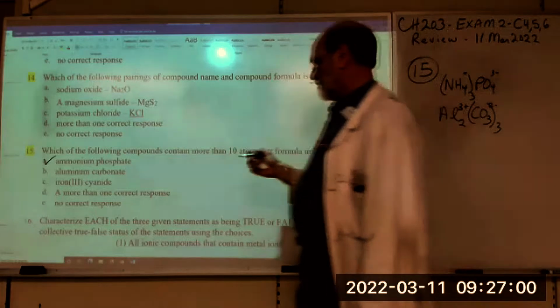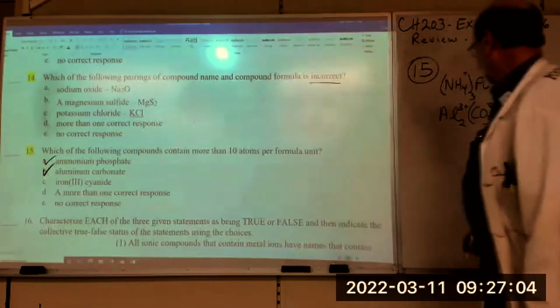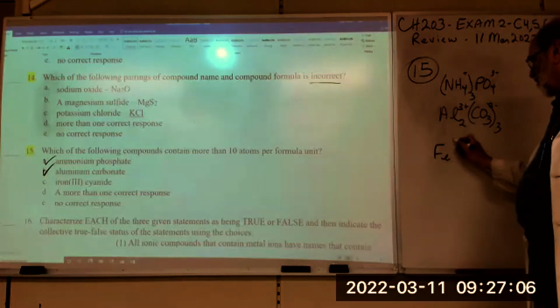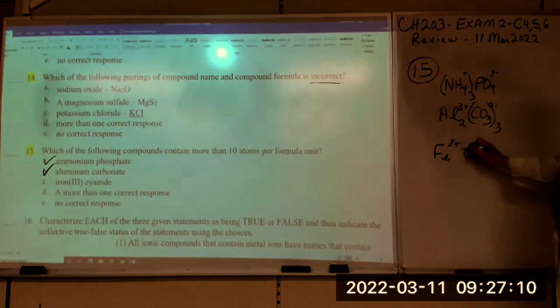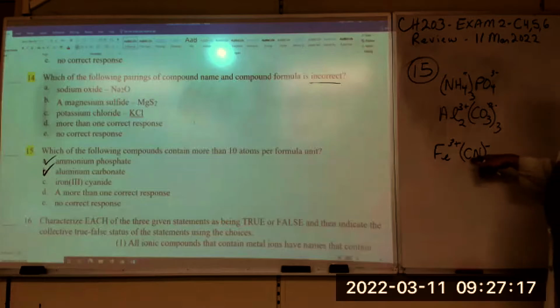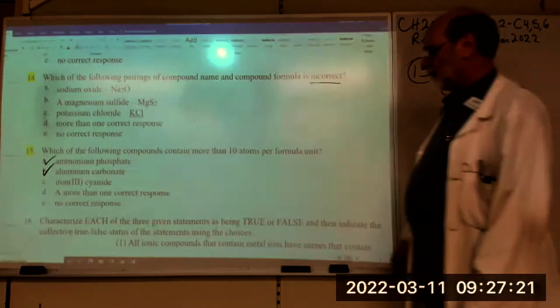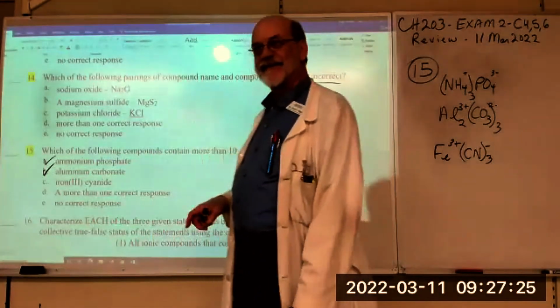There's another one. That's more than 10. Iron 3 cyanide. Cyanide is -1. So we need 3 of them, right? So that's 3, 6, 7. Nope, that one's not more. But we do have more than one correct answer. Okay?